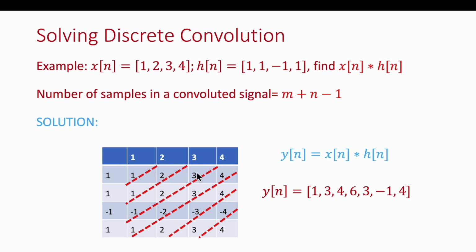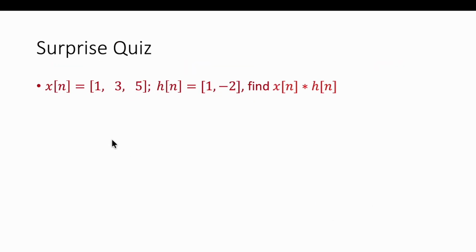Here 2 plus 3 is 5, minus 1, so the answer is 4. Here 4 plus 3 is 7, plus 1 is 8, minus 2, the answer is 6. Here 4 plus 2 is 6, minus 3, the answer is 3. Then here minus 4 plus 3, the answer is minus 1, and the remaining is 4. You can see how many samples there are: 1, 2, 3, 4, 5, 6 and 7. So a total of 7 samples.